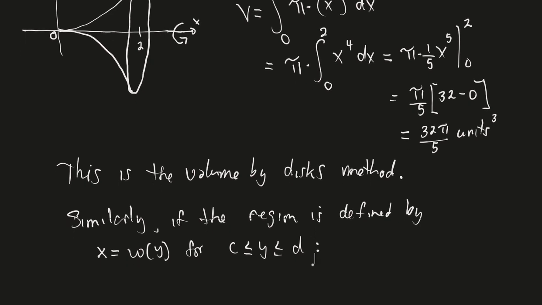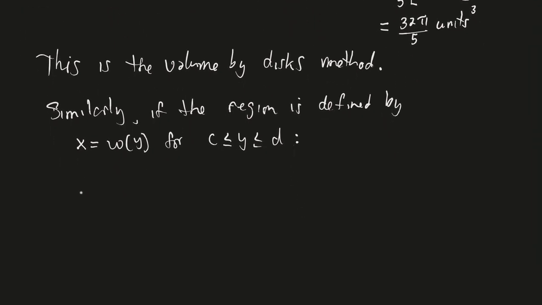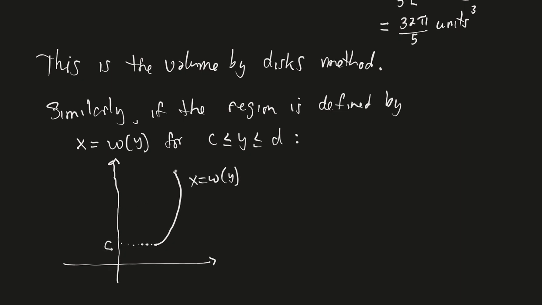Let me sketch that over here. Now we're saying that x is a function of y. So you might have something that looks, let's say it starts here and then it just kind of goes up like this. The curve here is x equals w of y, and it starts at a lower limit of c and it ends at an upper limit of d.